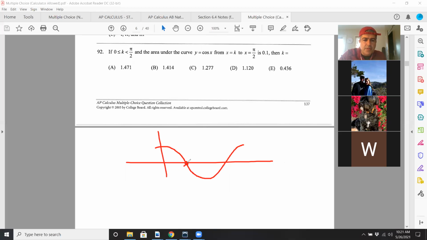And here's pi over 2, that's an x-intercept for cosine. And x equals k, I don't know what k is exactly, but it's going to be like that. And the area is 0.1.